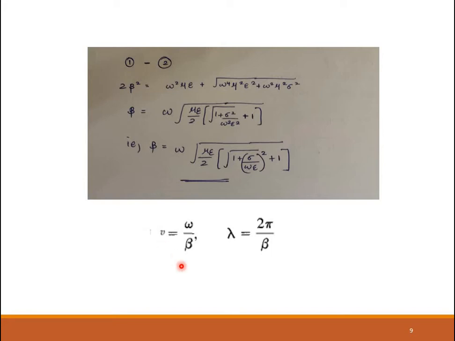Okay, so far we have derived the alpha and beta, the attenuation constant and the phase constant for a lossy dielectric medium, and we've also written the expressions for the velocity of propagation and the wavelength. Now we're going to derive the expression for the intrinsic impedance in the case of a lossy dielectric.